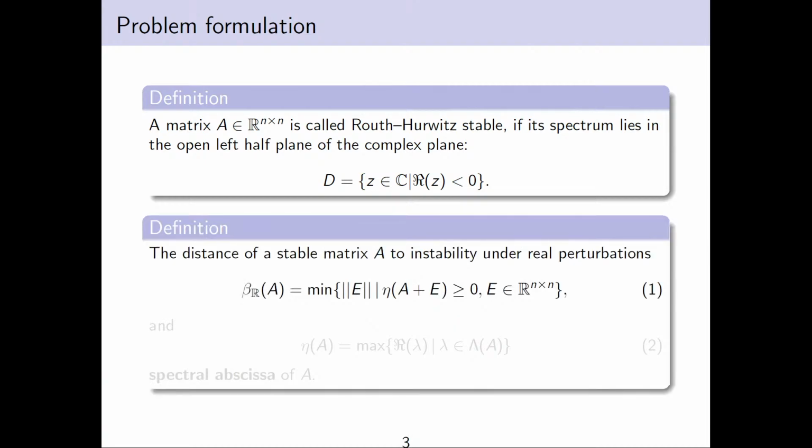For a stable matrix, for some real perturbation here, some eigenvalues of the perturbed matrix can cross the imaginary axis. That is the loss of stability.